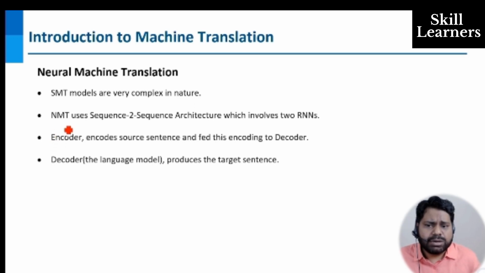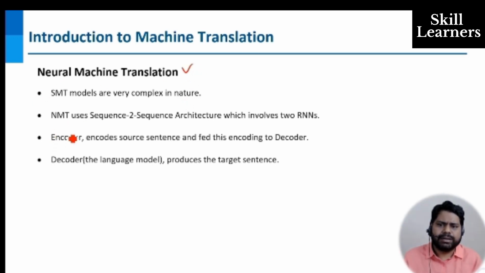Then comes neural machine translation model. Neural machine translation model uses sequence to sequence architecture, which involves two RNNs. The encoder encodes the sentence and feeds this encoding to the decoder, and then the decoder produces the target sentence.